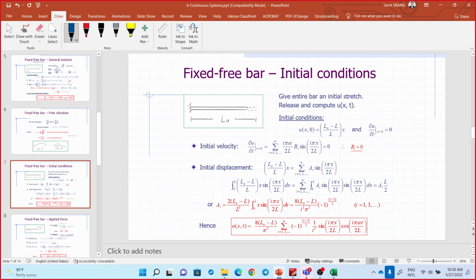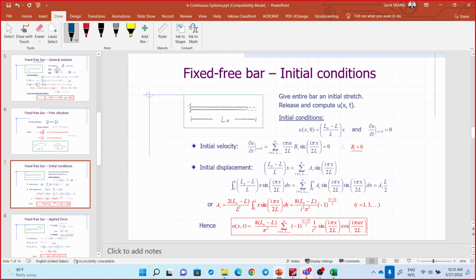Okay, so look at the displacement at the initial time, for t equal to 0. At the start, the bar has a certain displacement.